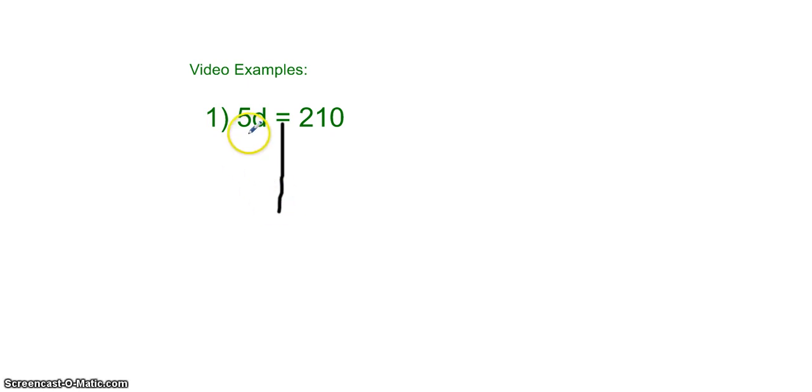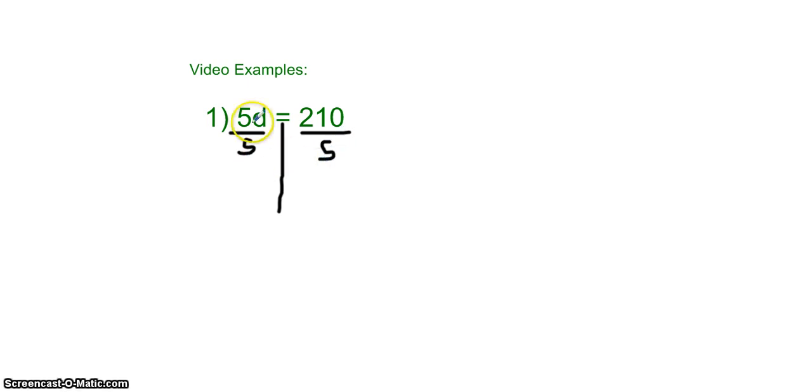So we have 5 times d. To undo multiplication, we are going to divide. To divide, I'm going to use the fraction bar, which also means divide. So I'm going to divide 5d by 5 and divide 210 by 5.